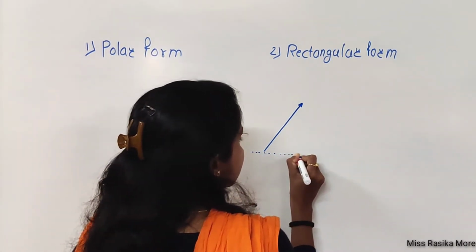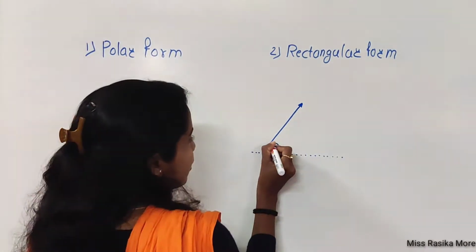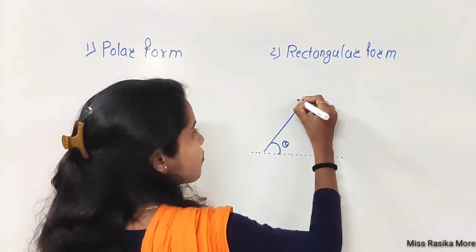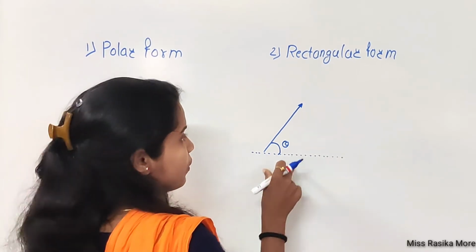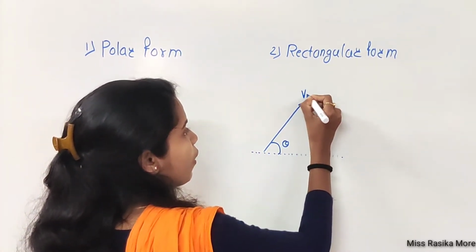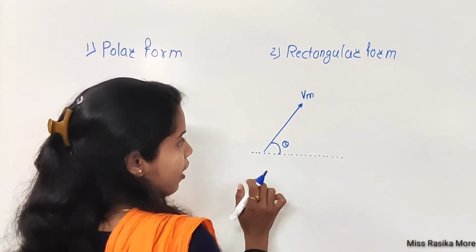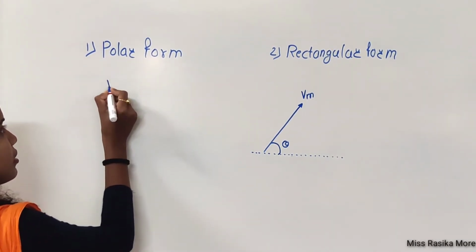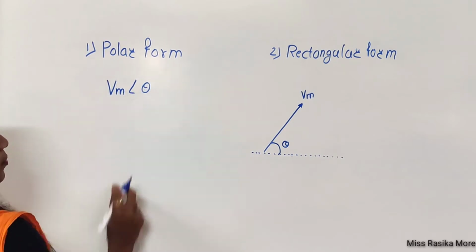With the reference axis, the angle made by the vector is called theta. Length represents its magnitude. Suppose this is a vector of a voltage waveform, then its length represents the maximum value or RMS value. So Vm with an angle theta. So how can we represent it in polar form? That is Vm at an angle theta.